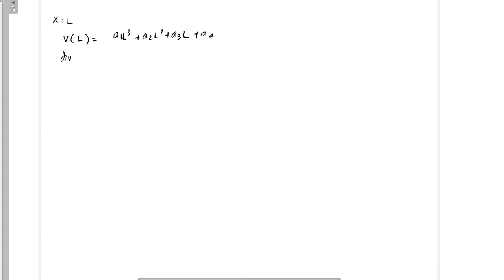Next, for dv by dx, substitute x equal to L. So 3a1 L squared plus 2a2 L plus a3. We already know the displacement at x equal to L is d2y and the rotation at x equal to L is phi 2.